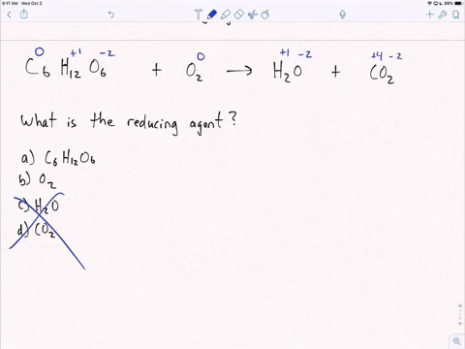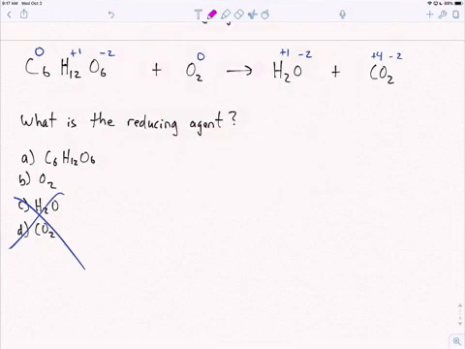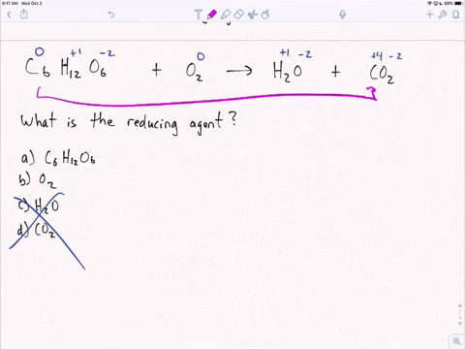So let's track to see where electrons are going. Carbon here is going from 0 to +4. What's happening to it? Is it being oxidized or reduced? It's losing electrons. What does losing electrons mean? Oxidized. Oxygen is going from 0 to -2. So what is happening to oxygen?